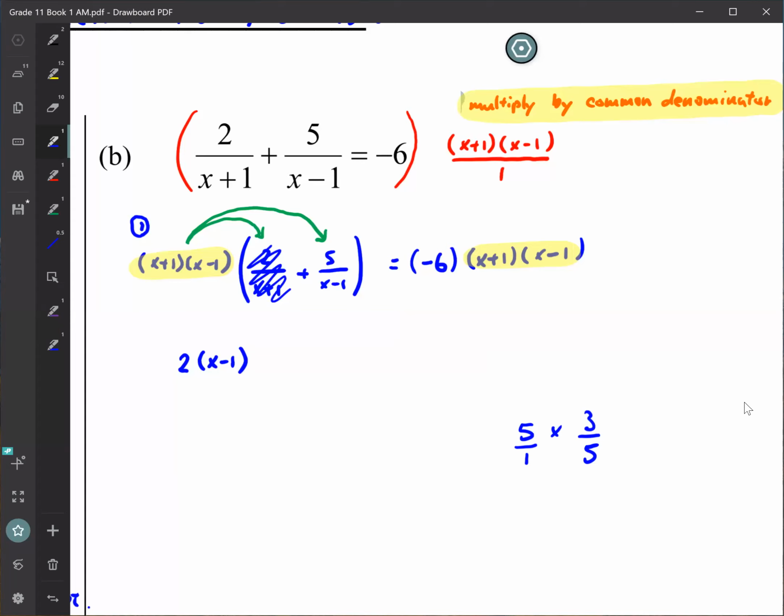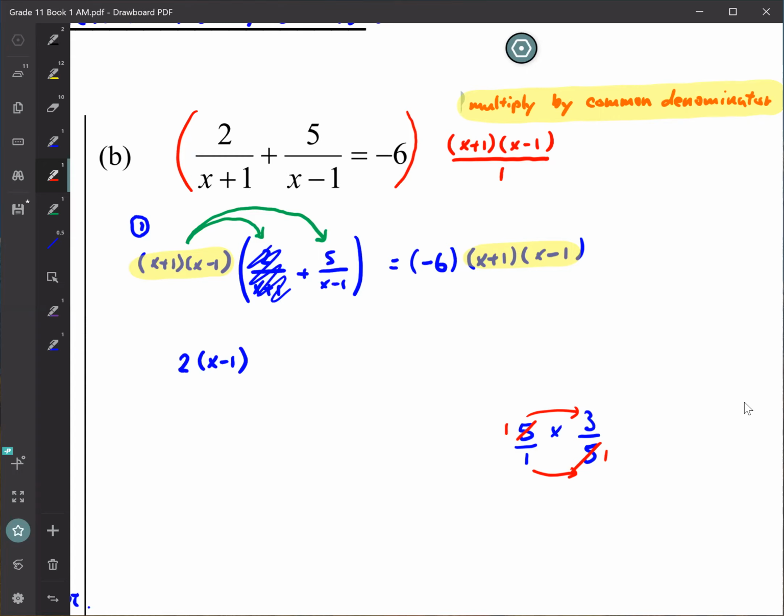Okay, so which ones can simplify? The 5. Okay, so both 5s can divide by 5. So that will give you 1 and 1, like that. And once you get the numbers down, then you can do the multiplying, 1 times 3, 1 times 1. Oh yeah, I remember it.